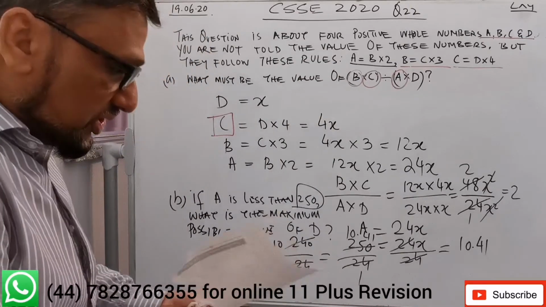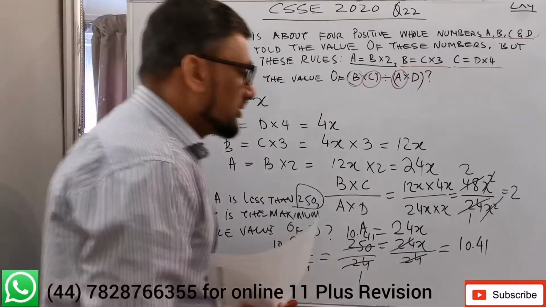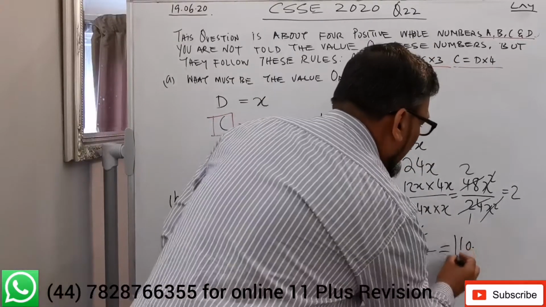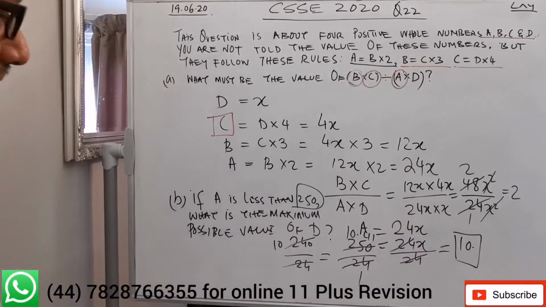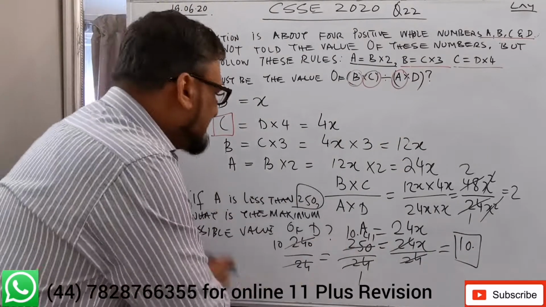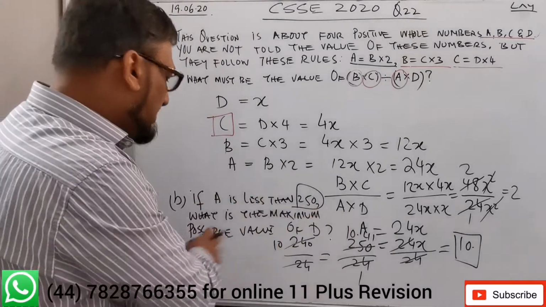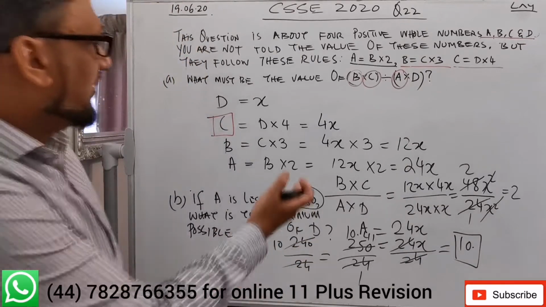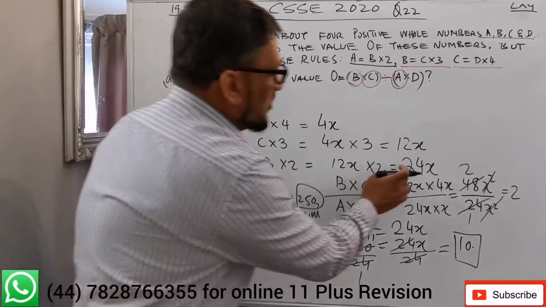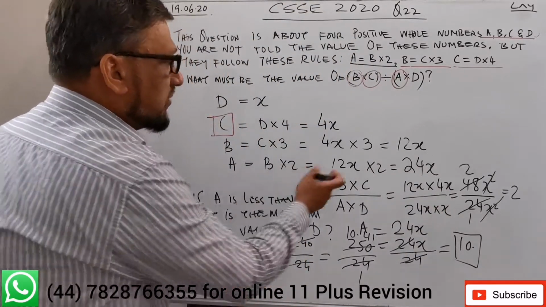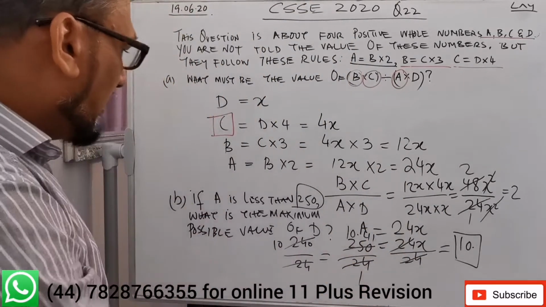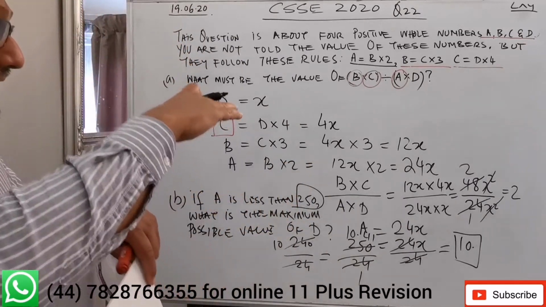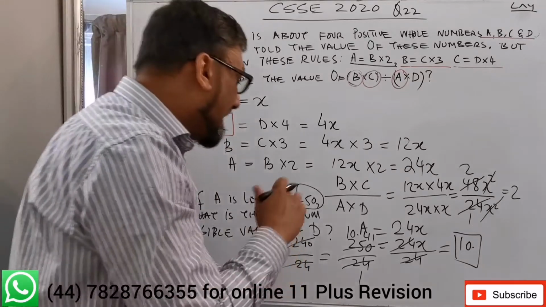So our final answer will be 10, and this is the answer for part B. Part B is asking: if A is less than 250, what is the maximum possible value? We know the equation A equals 24x, and I substitute the value they have given. They give less than 250, but not the exact number.